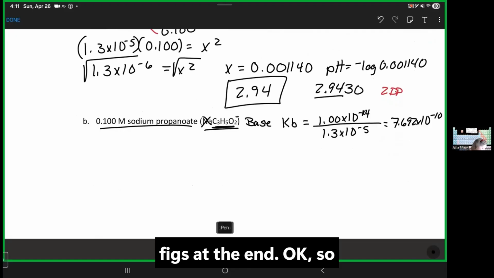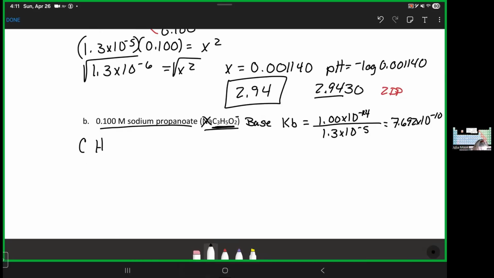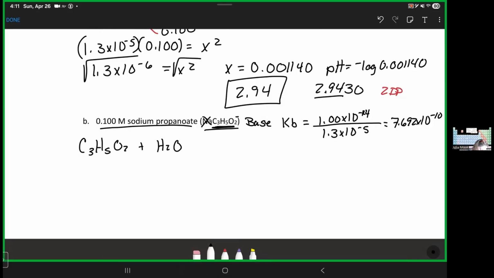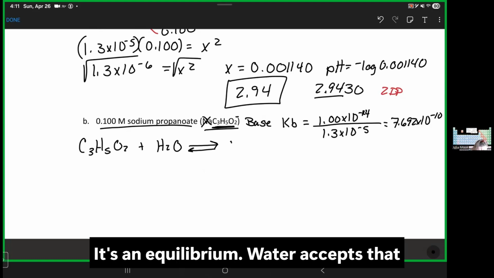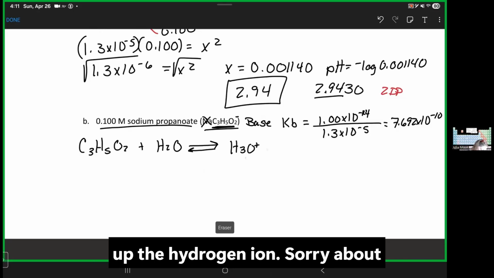So we know our Kb is equal to that. Let's put this in water. So I have C2H5COO minus. I put my conjugate base into water. It's an equilibrium. Water accepts that hydrogen ion. Oh, nope, water gives up the hydrogen ion. Sorry about that.